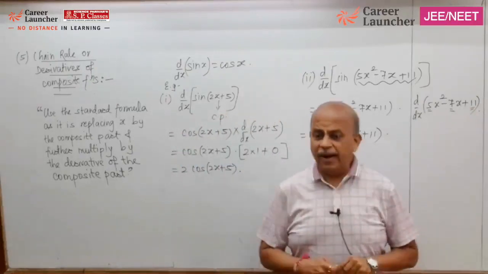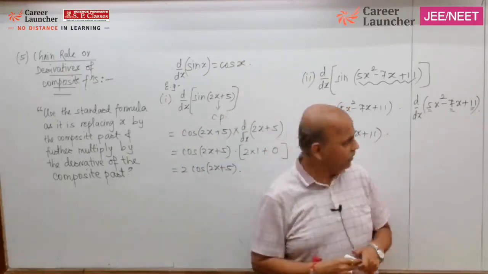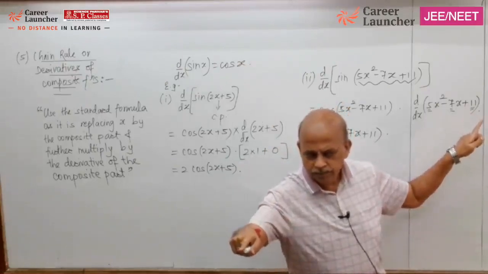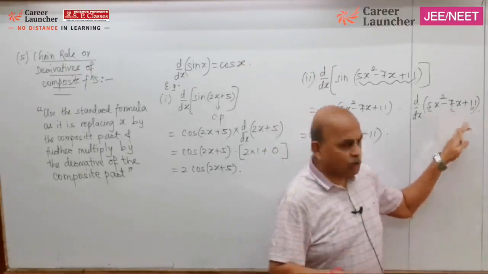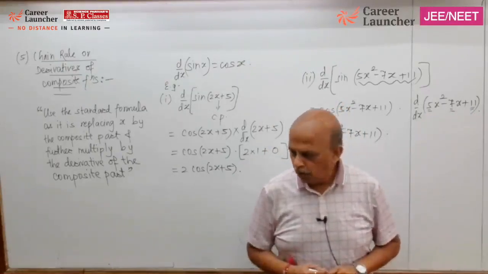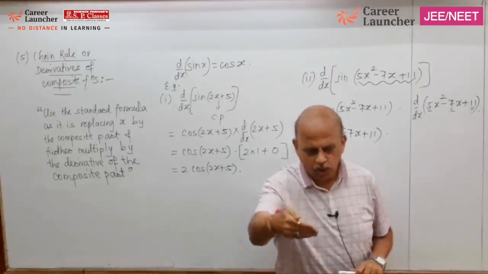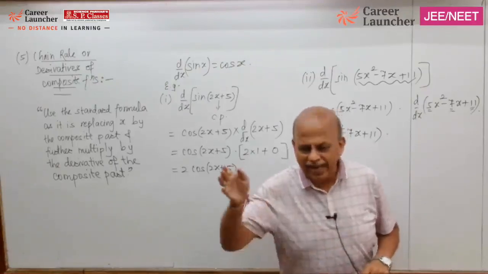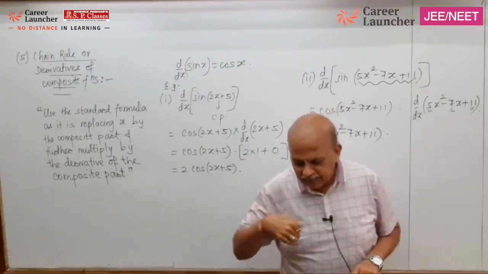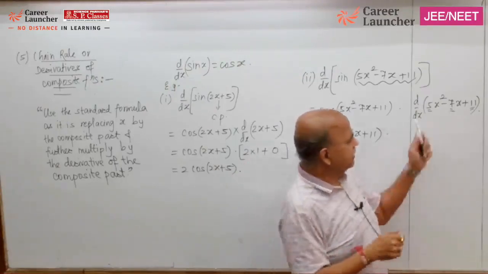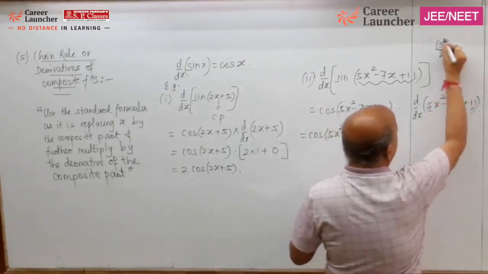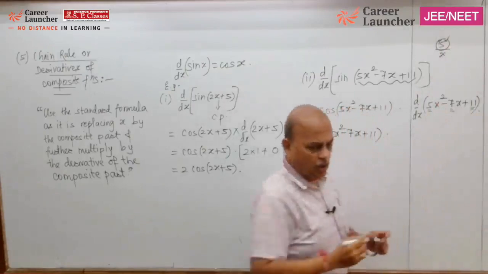You may keep it in mind like this: say it after me. Akela, dukela. Akela means alone, coming alone: constant. Dukela means coming along with some x term, either in multiplication or division. This is 5x square. It can also be 5 upon x. Still 5 will be called a coefficient only.